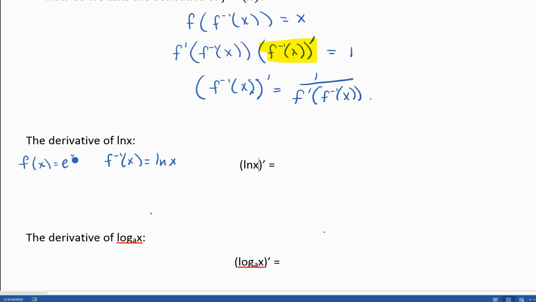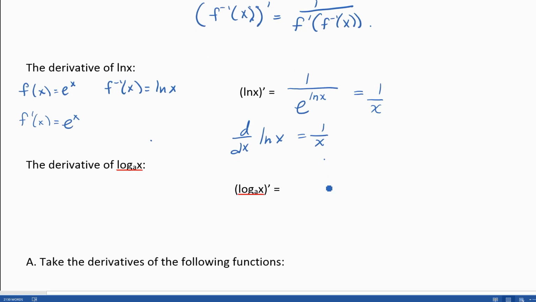So following this rule, the derivative of this is going to be 1 over, well, we take the derivative of e to the x, which is just e to the x, and we compose it with natural log of x. So we'd have e raised to the natural log of x. And e raised to the natural log of x is just x. So the derivative of natural log of x, which you may see as d/dx, is equal to 1 over x.